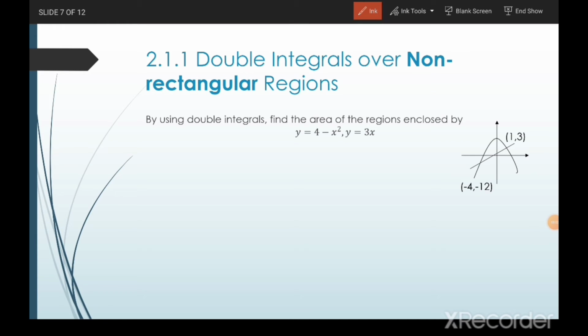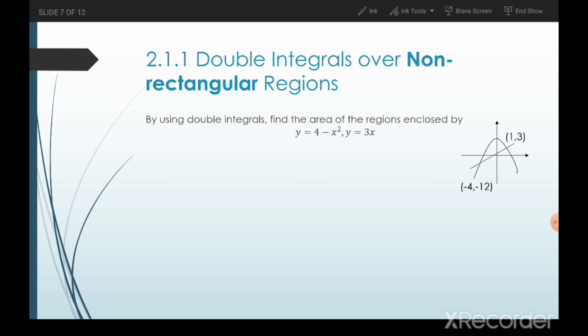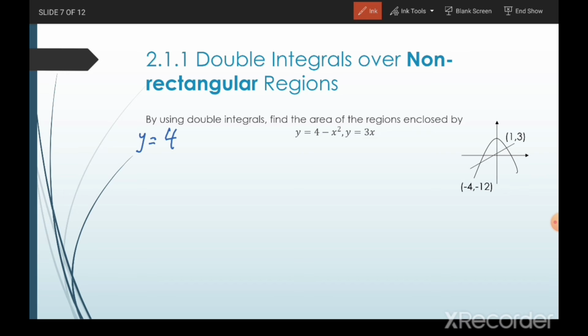Okay, now I show you the double integral for non-rectangular regions. So we have a curve here and the line here. So the curve is y equal to negative x square.